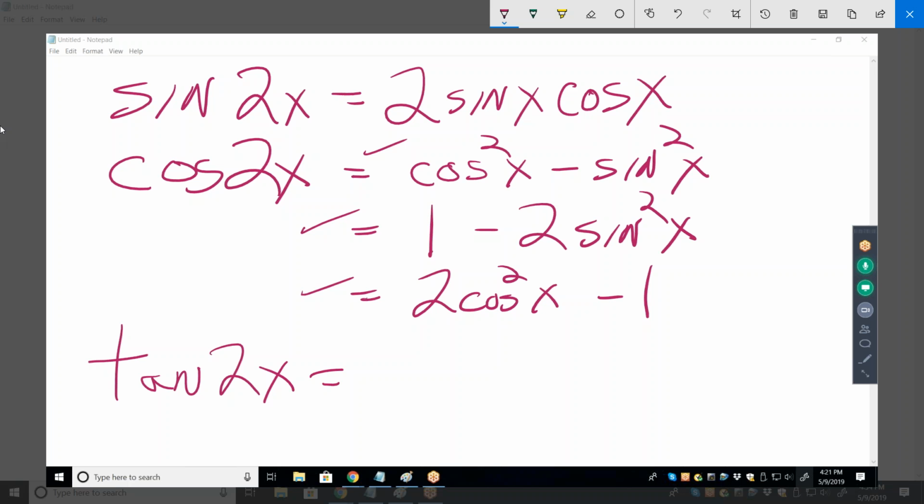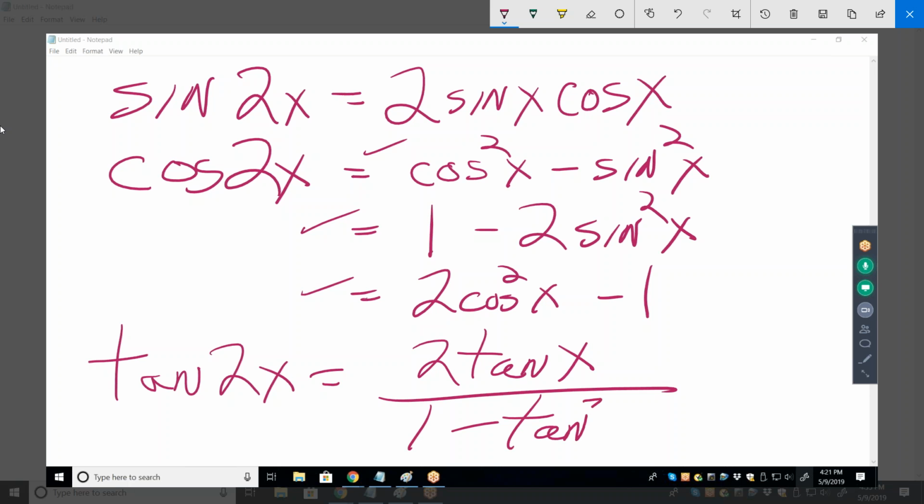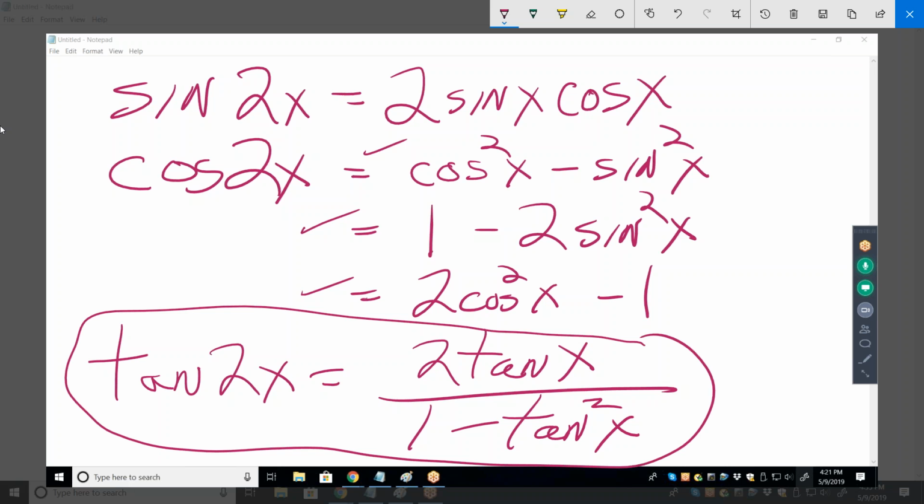In other words, if you forget the tangent of 2 theta, which happens to be 2 tan theta over 1 minus tan squared of x, and if I was doing tan of x plus x, the numerator would be tan of x plus tan of x, which would be 2 tan x, and the denominator would be 1 minus tan of x times tan of x. So I can always figure this one out if I know my sum and difference one.